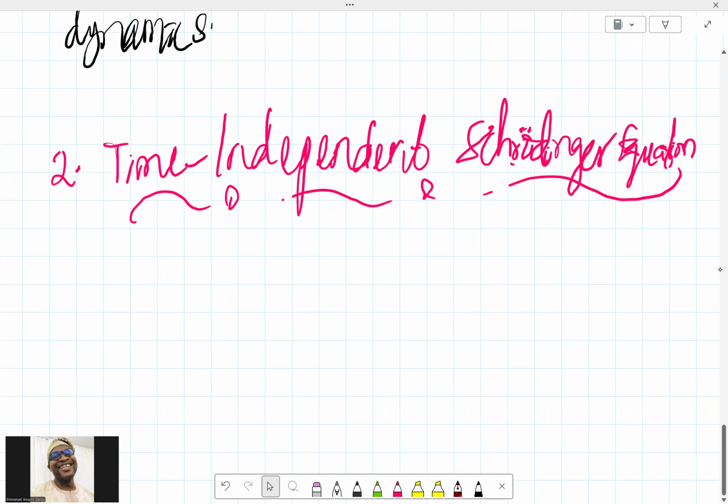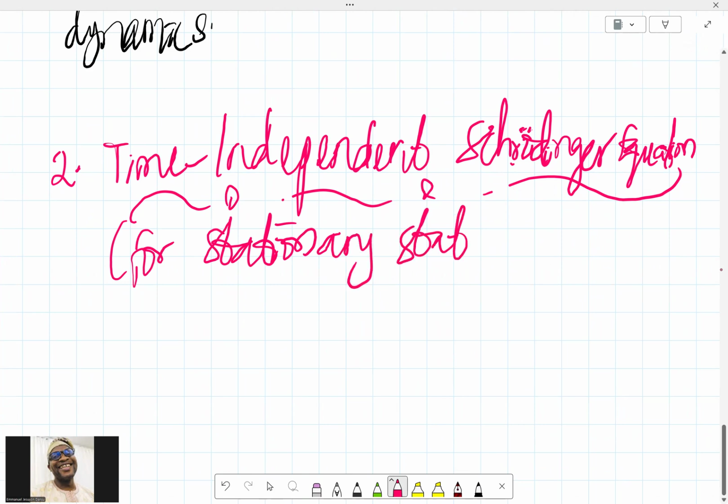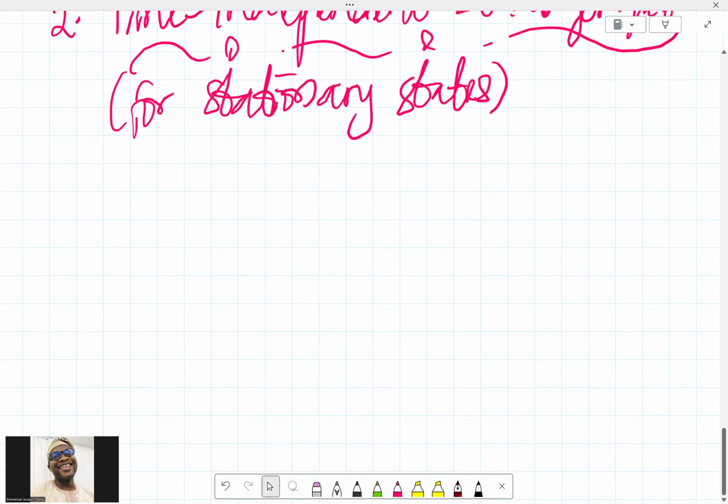And that happens for stationary states. So it means the system is in some kind of equilibrium.